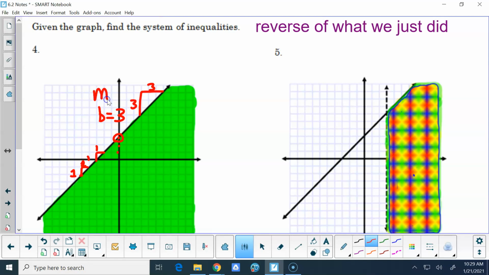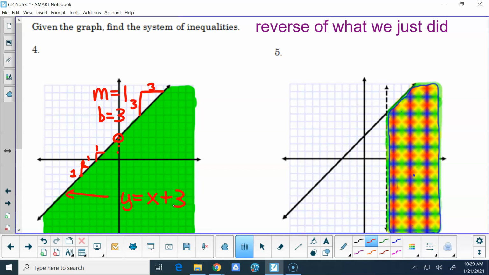So that would tell me my slope is 1. So the equation of this line is y equals x plus 3.